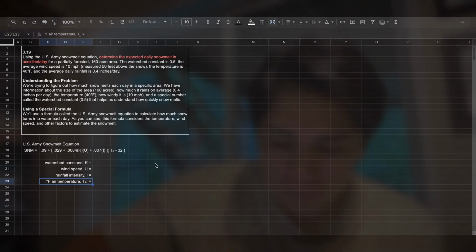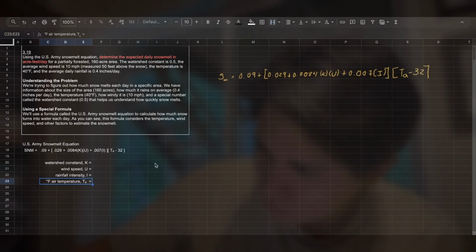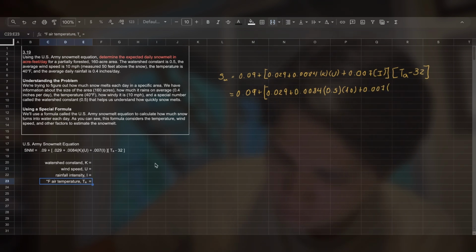So to solve this problem, we're going to use that equation. K is 0.5, U is 10, 0.007, intensity in our case is 0.4, and then we have 40 minus 32.